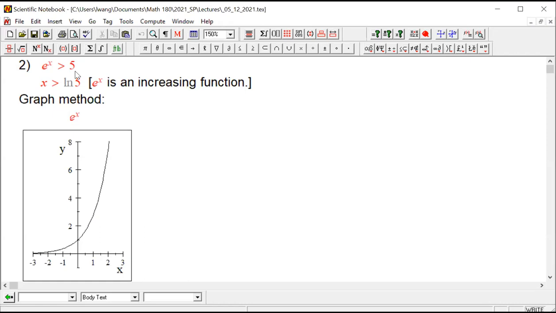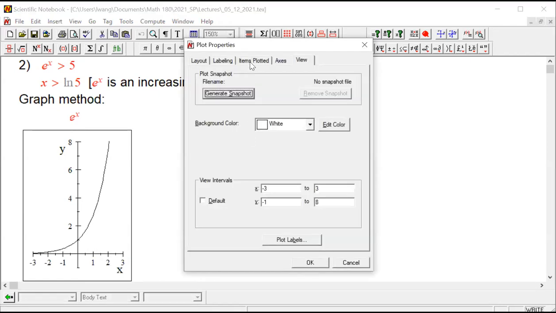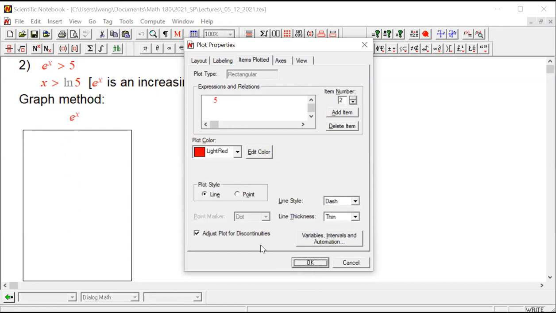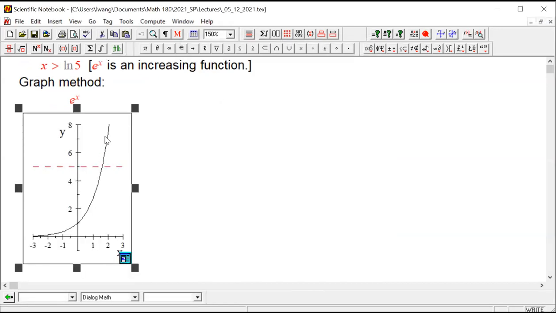The output is given. We want it to be larger than 5. This piece is larger than 5, and this piece is less than 5.